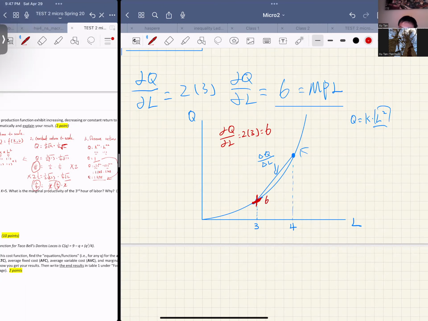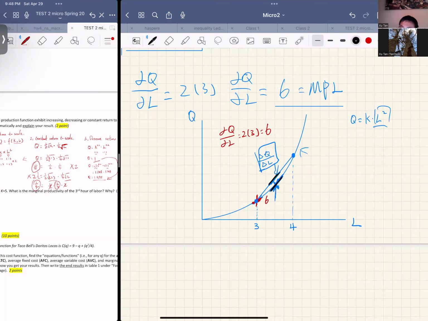The slope is 6. And when we're doing the method with the change, because we're using 4 and 3 and taking an estimate of the middle, that will be between the slopes. So we're actually taking a point somewhere right here, the slope right here. This slope is probably equal to this slope.